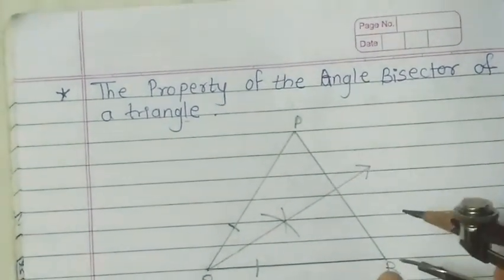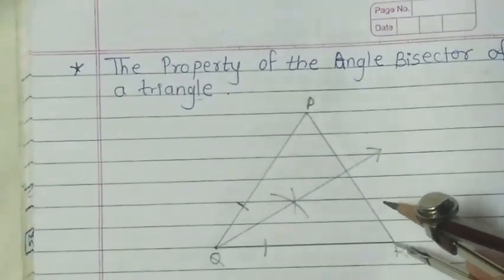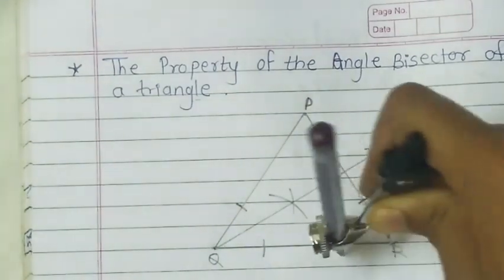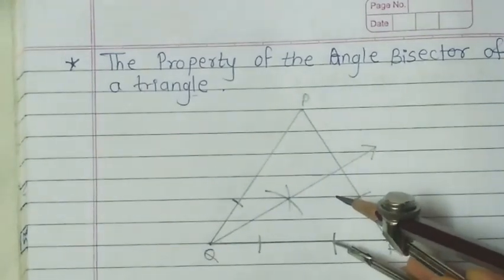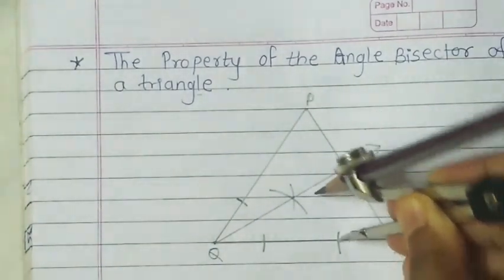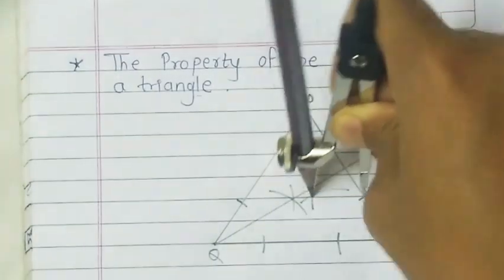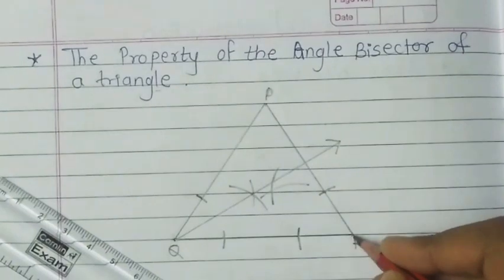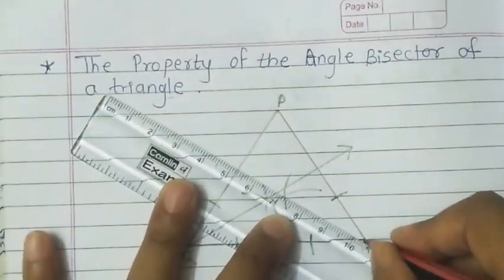After that, we will bisect this angle R. Again, same procedure we have to do. Take convenient distance and draw two arcs. Drawn. After that, draw another two arcs inside the triangle. Drawn. Now after that, from vertex R, we'll join.